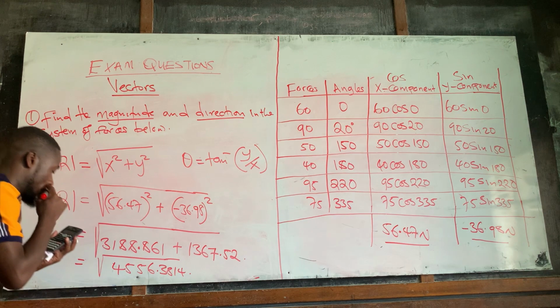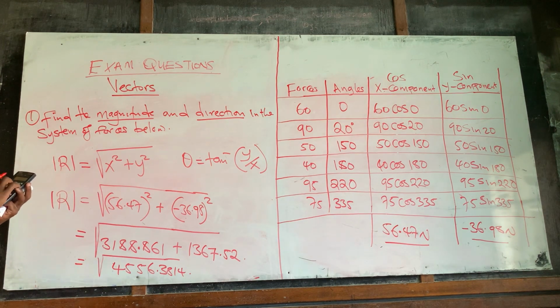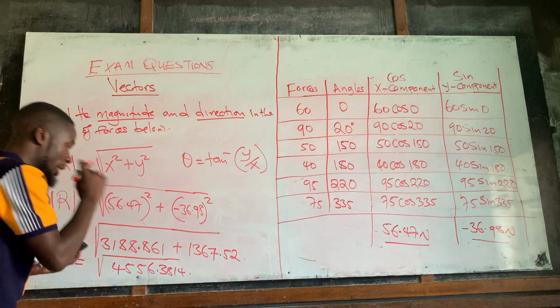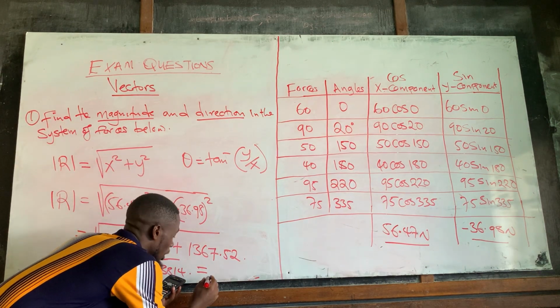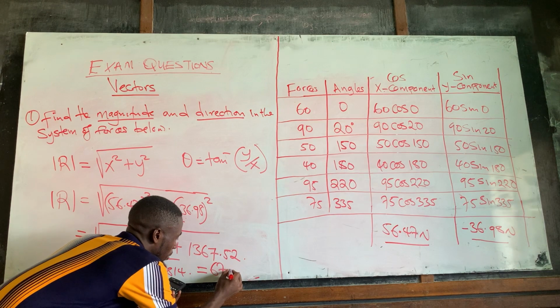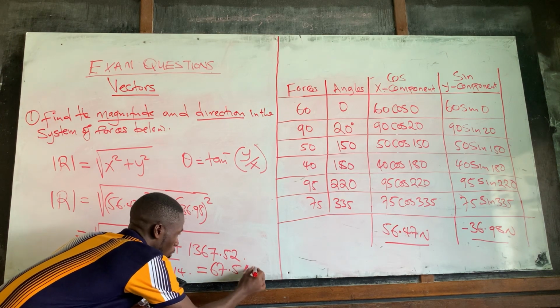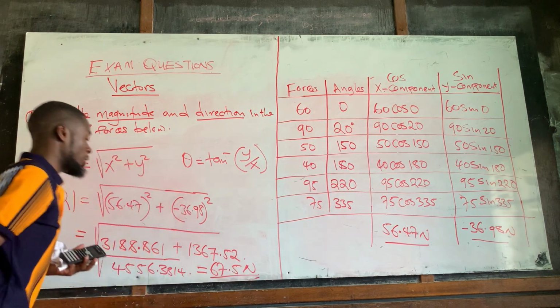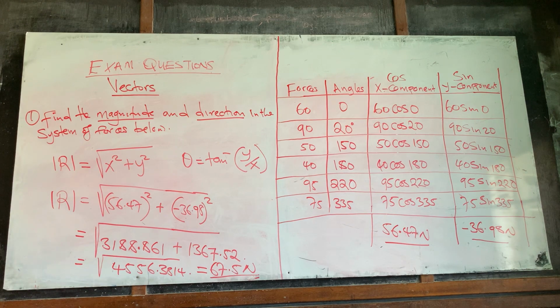Let's take the square root. The final answer here is 67.5 Newton. So this is the magnitude. 67.5 Newton.